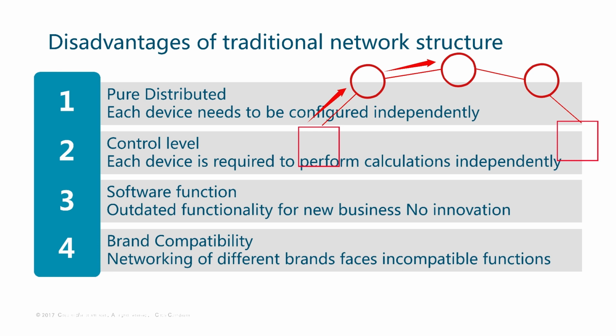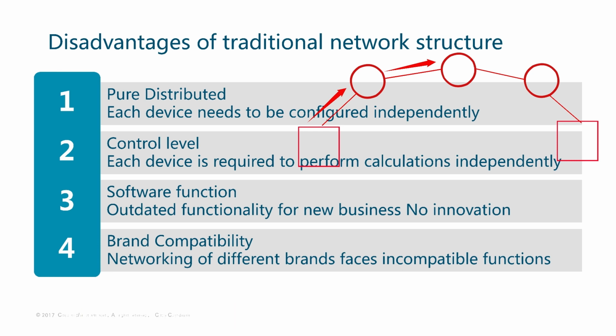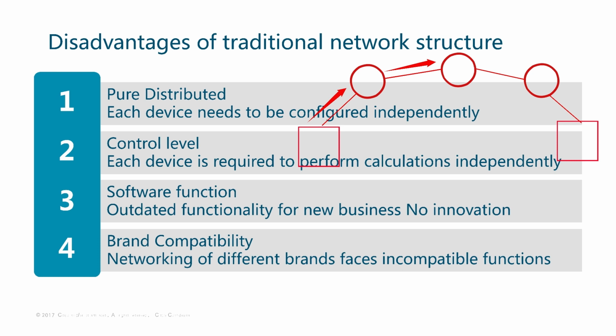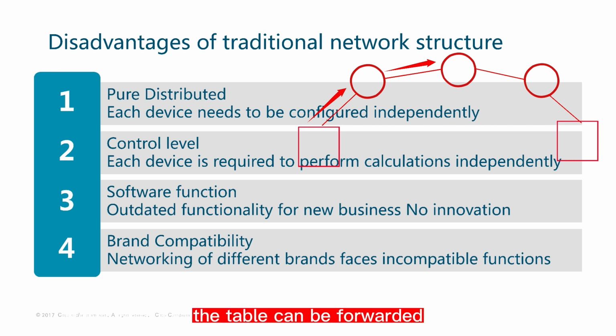For example, there are now multiple paths to the same destination. Which one to go up, which one to step down, still going, this also needs to be calculated. So it's all called computing. After the calculation is completed, the table can be forwarded.